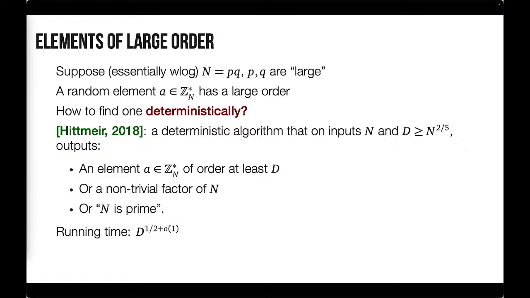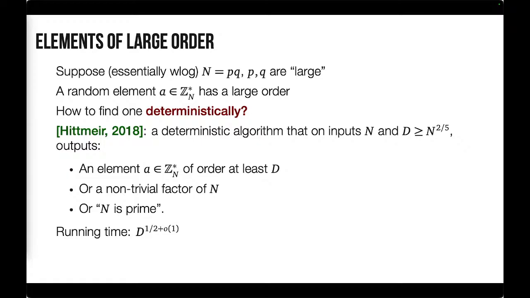So if d is, let's say, n to the 2/5, the running time is n to the 1/5. So in terms of getting to our n to the 1/5 factorization algorithm, this is fine. It also gets you an element of much larger order than you need. You need n to the 1/5, you get n to the 2/5, so you get more than you asked for, and you have to spend quite some time doing it.